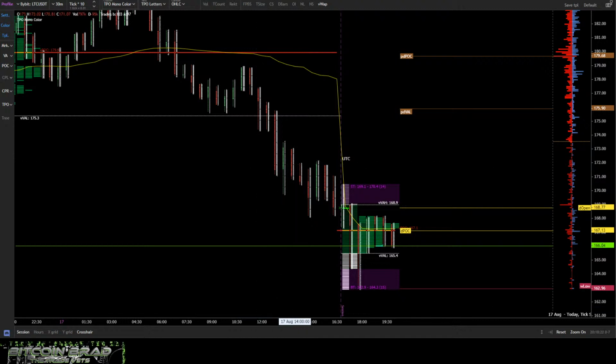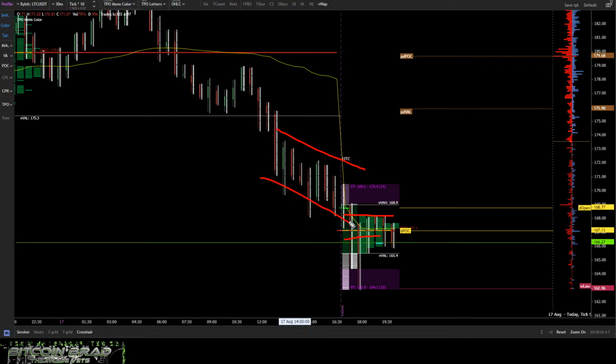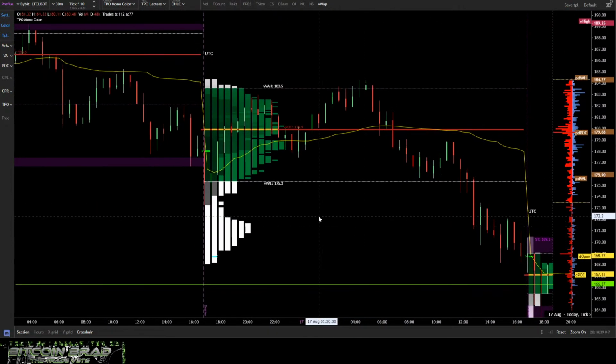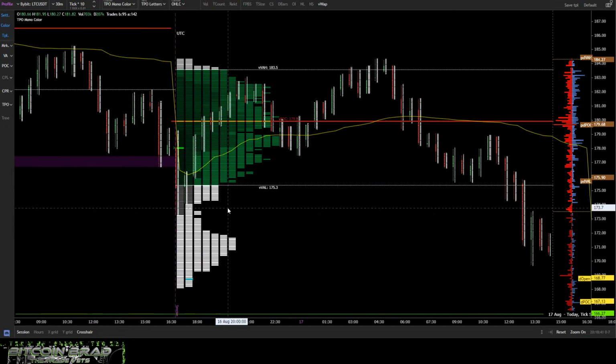We have structure here, and this structure basically just tests down, structure here, right? It just is a little bit easier to trade, right?